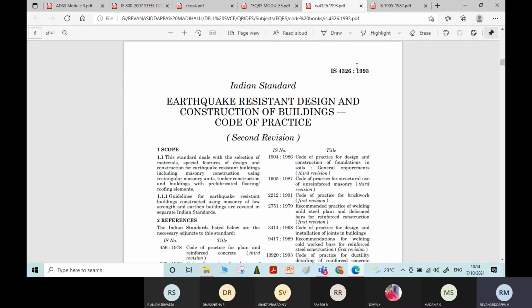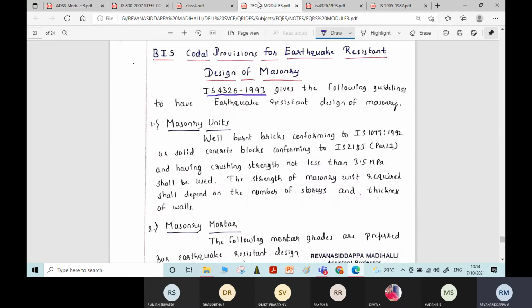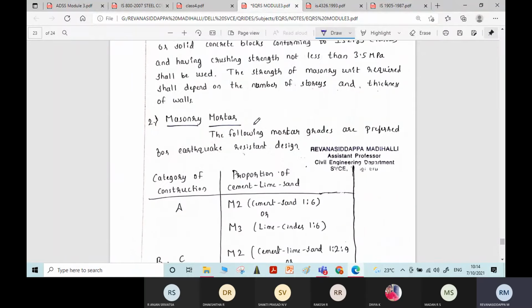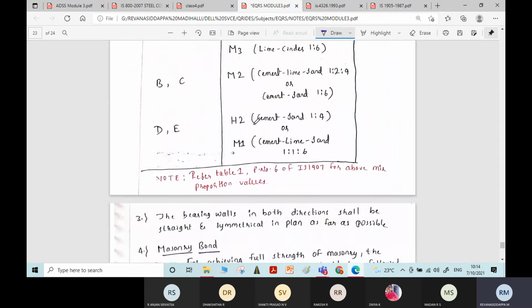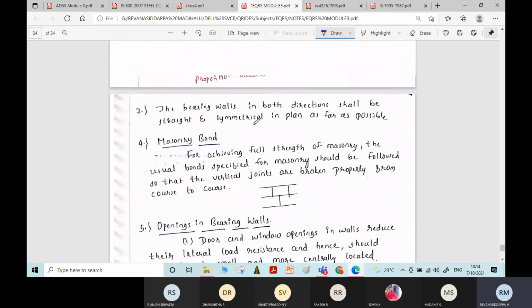I have downloaded that code book. The guidelines for the design of earthquake resistant masonry are given in this code book, and whatever theory is written here is with reference to that code book only.